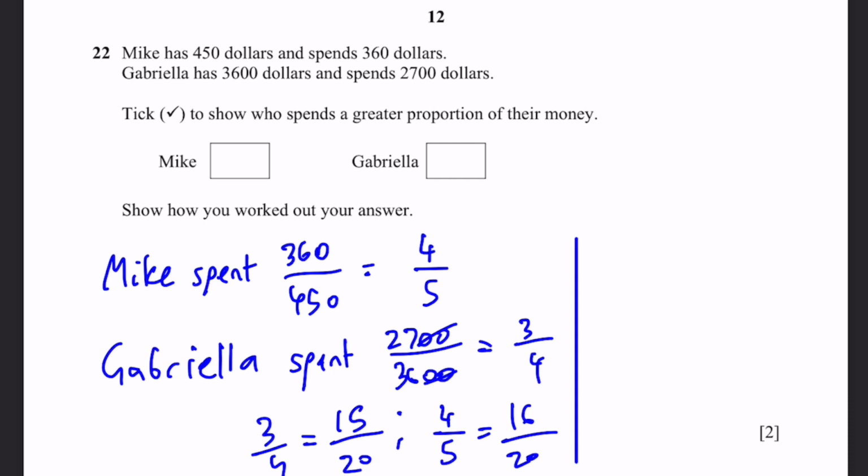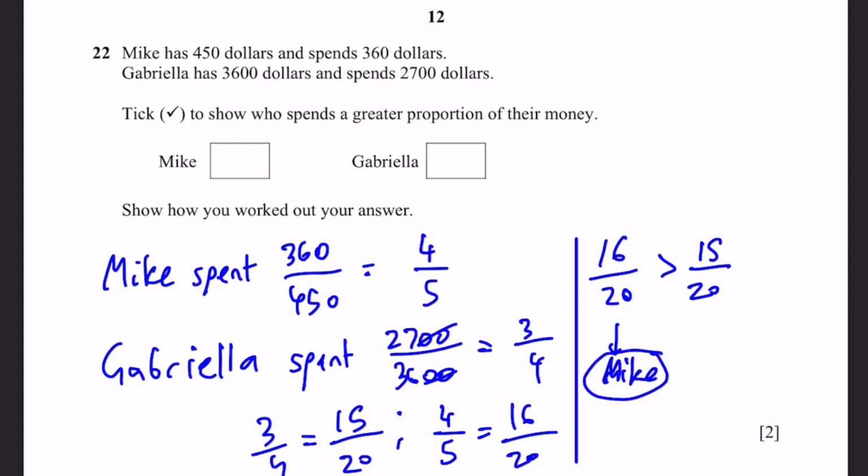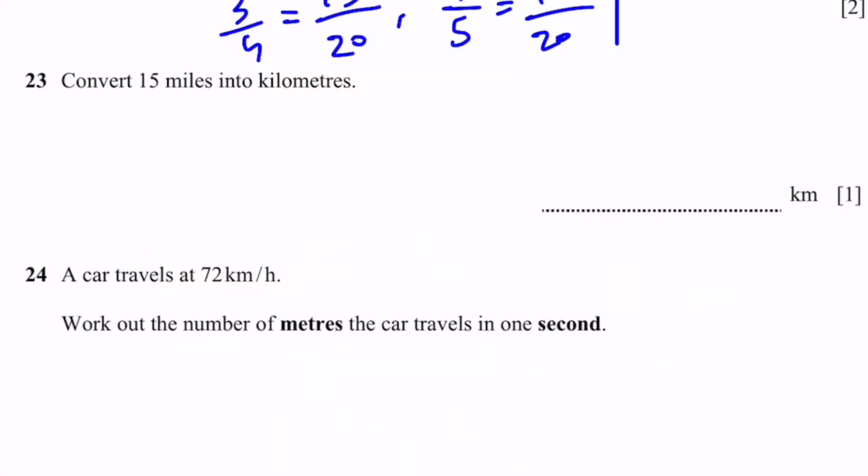So now we can compare the fractions. It'll be 16 by 20 is greater than 15 by 20. And 16 by 20 is Mike. So Mike actually spends a greater proportion of their money. That's the answer. Question 23.